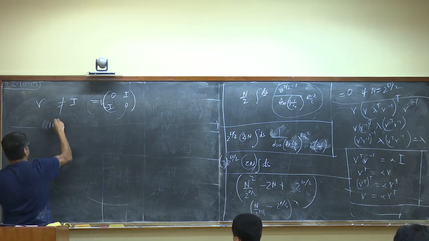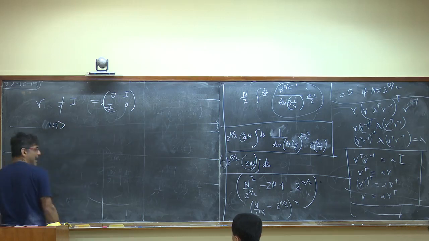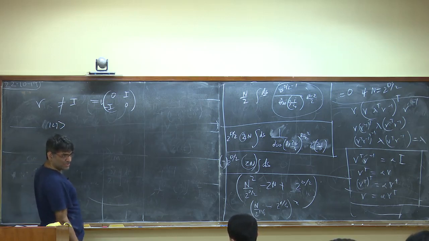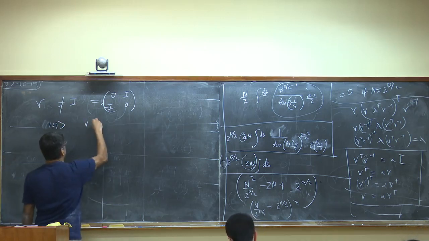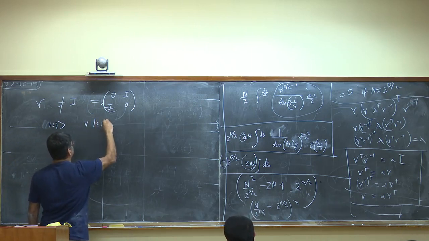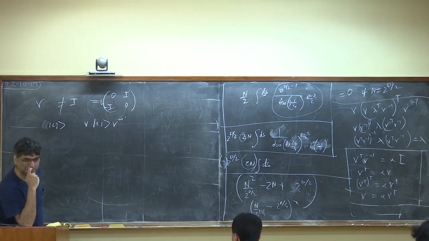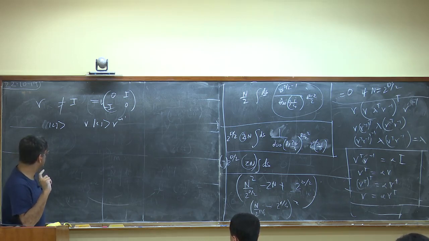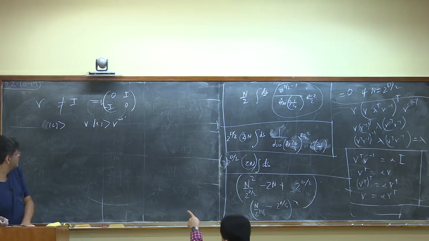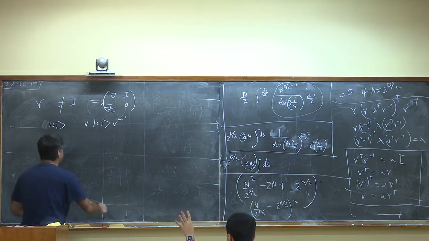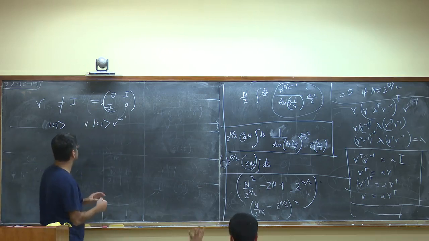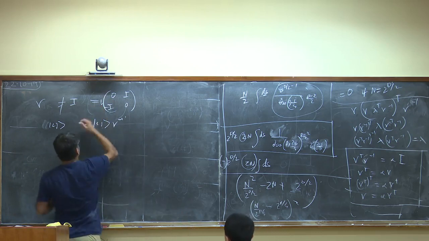What's the action on ij, for instance? ij goes to gamma ij gamma inverse. No, gamma inverse, right? Sorry, the gamma is this. Okay, sorry, this is eta. I had called it eta.